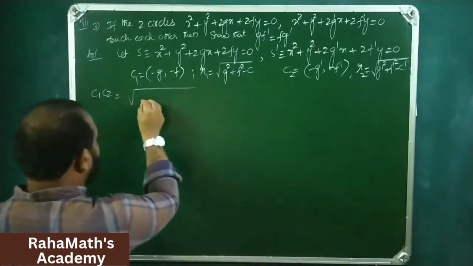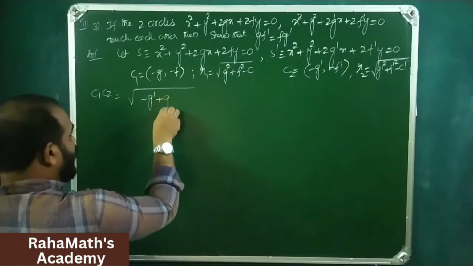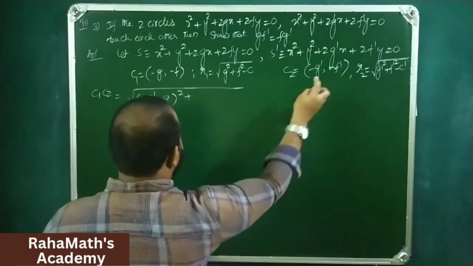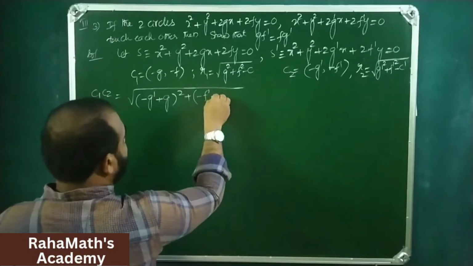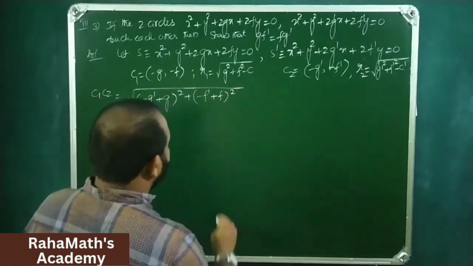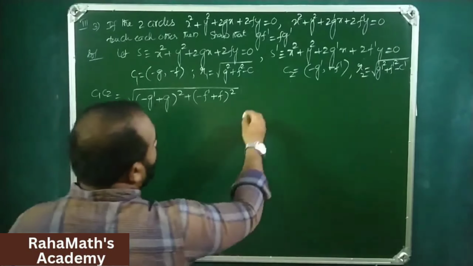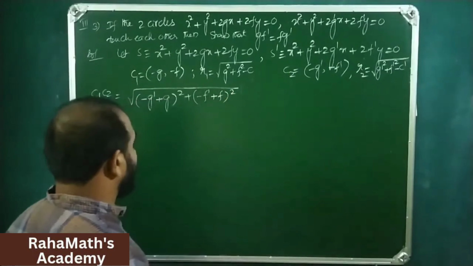So x2 minus x1: minus g dash minus of minus g, whole square, plus minus f dash plus f, whole square. So this is our C1 C2. And R1 and R2 are already there.